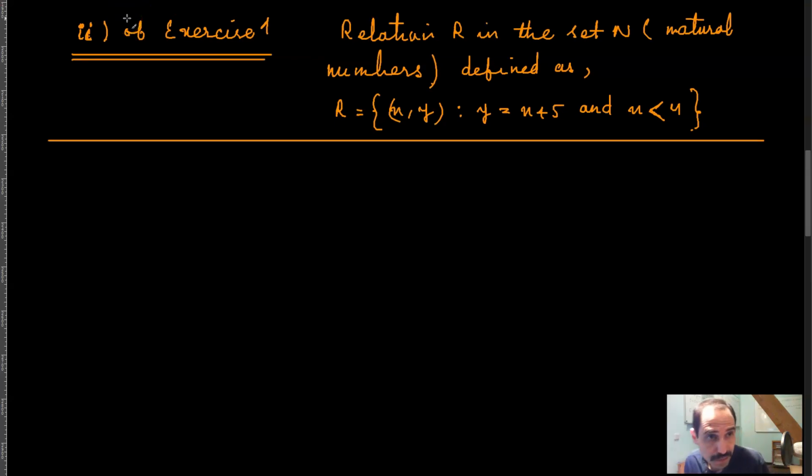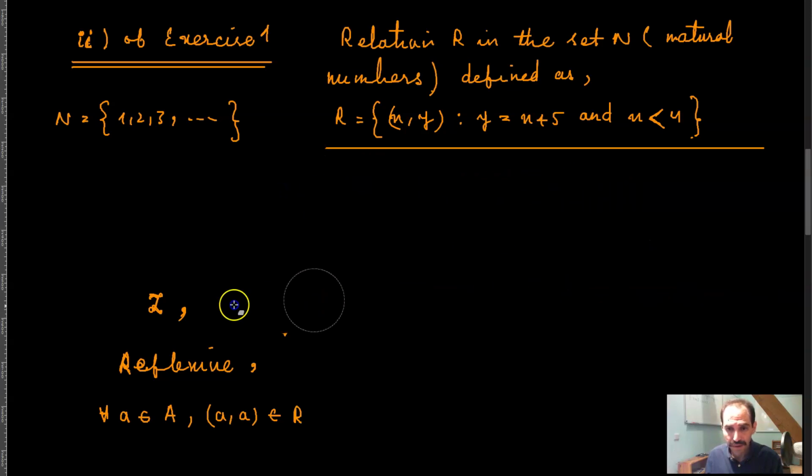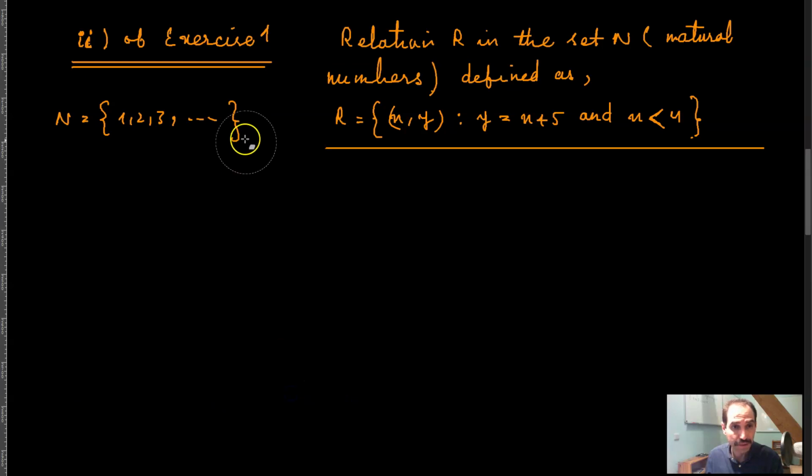Okay, so about part 2 of this question. What we have here is some relation R in the set N of natural numbers, defined as R is equal to all the ordered pairs x comma y such that y is equal to x plus 5 and x is less than 4.